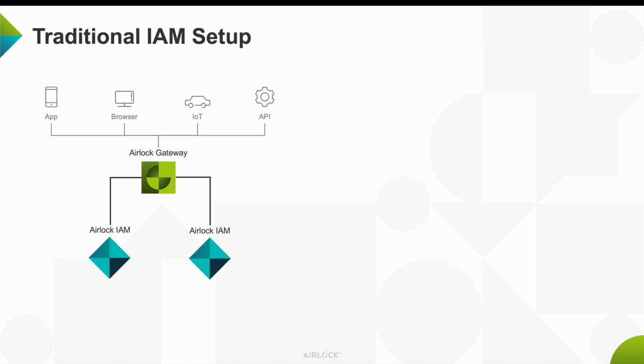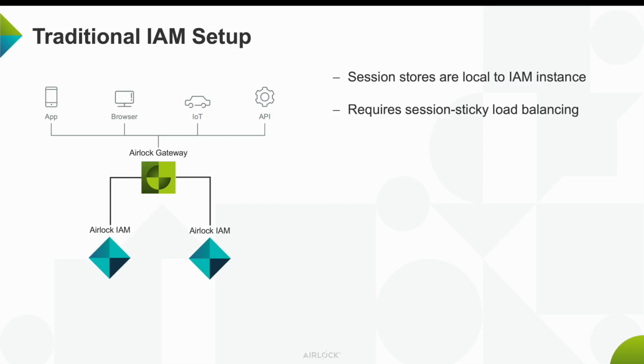So traditionally, if you have multiple IAM instances, you put them behind an Airlock gateway, which can do session sticky load balancing. Session sticky load balancing is required because Airlock IAM stores the session information locally in memory.